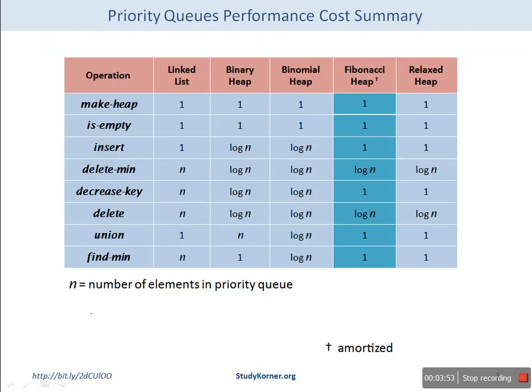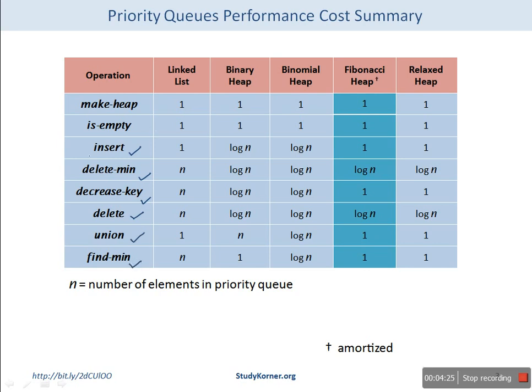Now, as we have studied different types of priority queues previously, like linked list, binary heap, binomial heap, and Fibonacci heap. A binomial heap is a type of mergeable heap which follows different operations like inserting an element, deleting or extracting the minimum element, decrease key, deleting an element from the heap, uniting two heaps, or finding the minimum element.